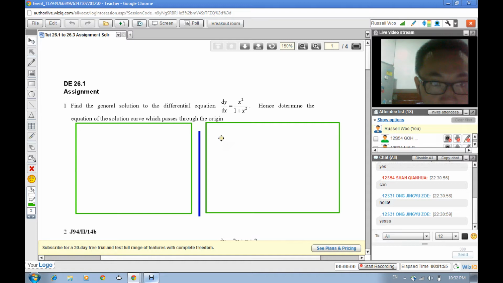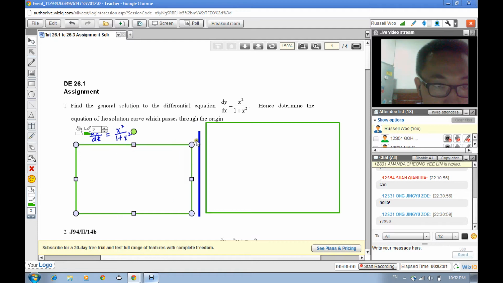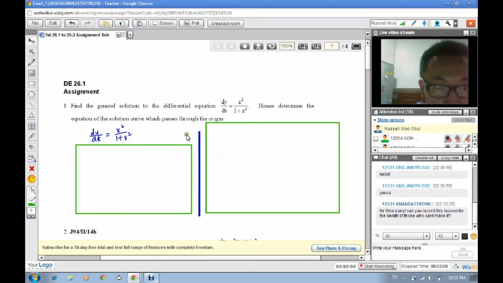Okay, we are supposed to find the general solution of this. So how do we integrate? You look at the right hand side, it's a function of x, so we can leave it like that and we integrate one time with respect to x. But it doesn't look like something that can be integrated directly.